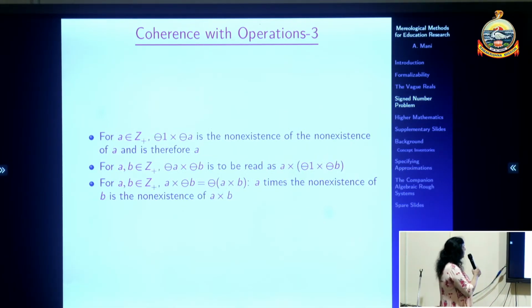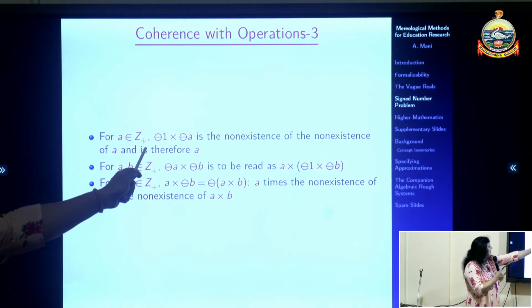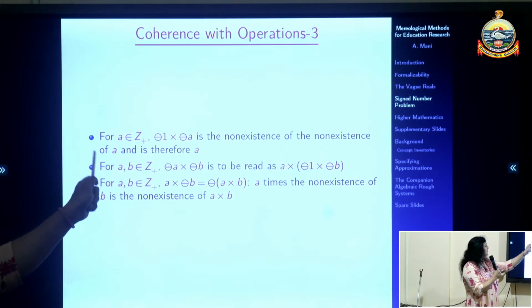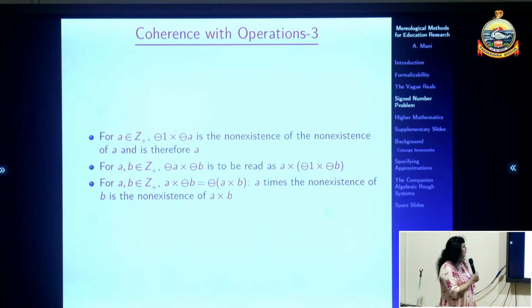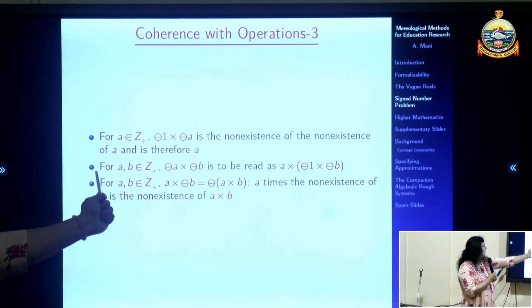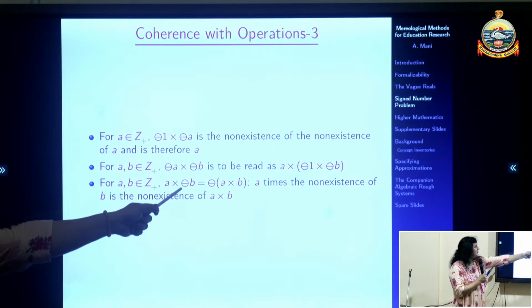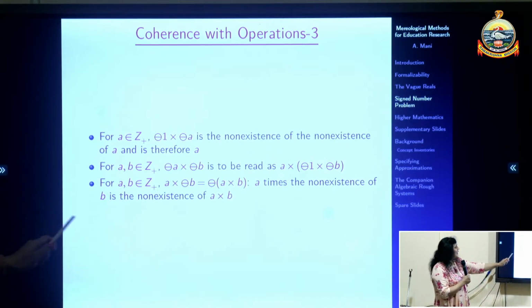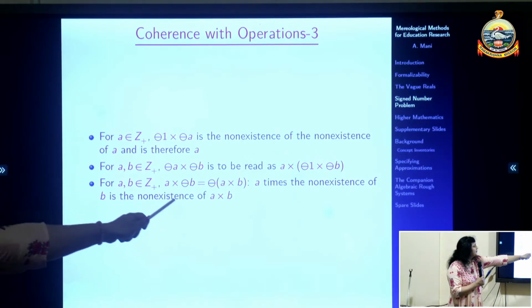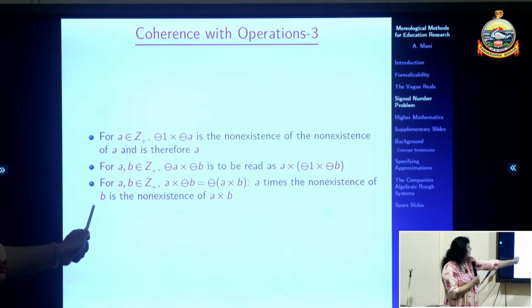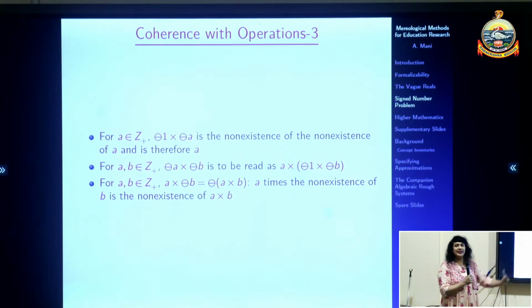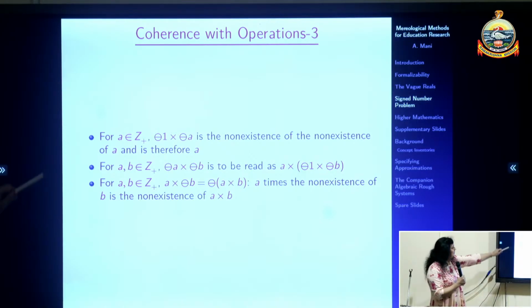This is the non-existence of A and is therefore A. And for any A, B in Z plus, this can be read as that, which is already defined above. And A times the non-existence of B is the non-existence of A times B. So these interpretations are compatible, and this is what I show there.